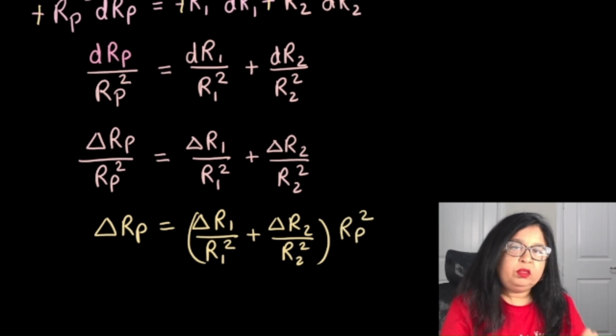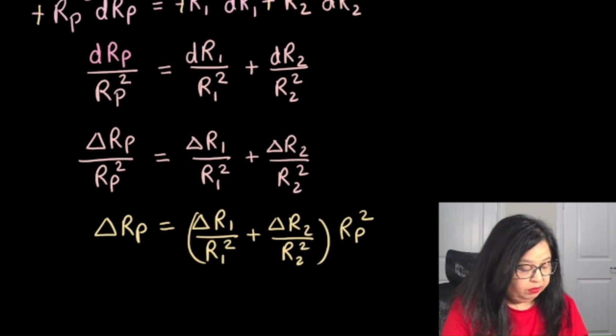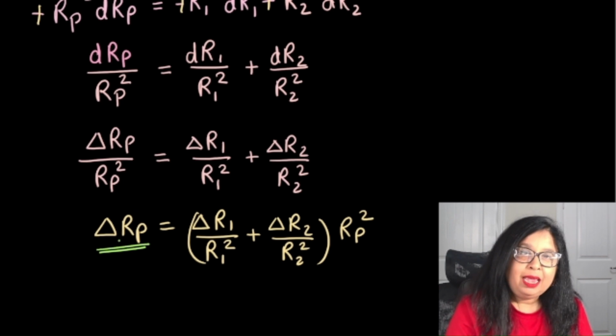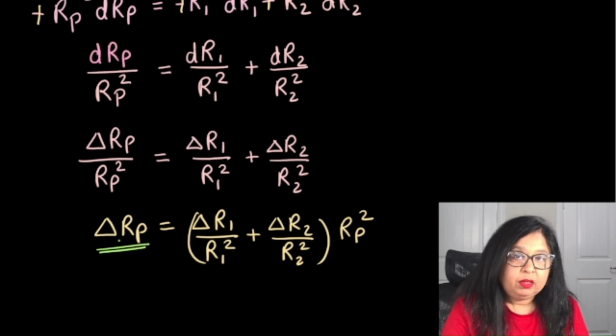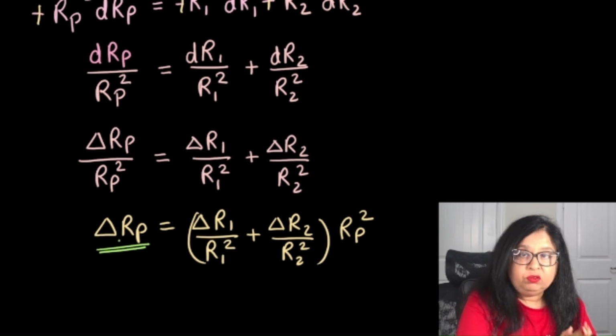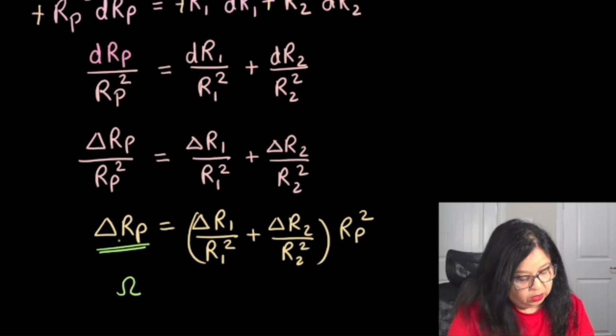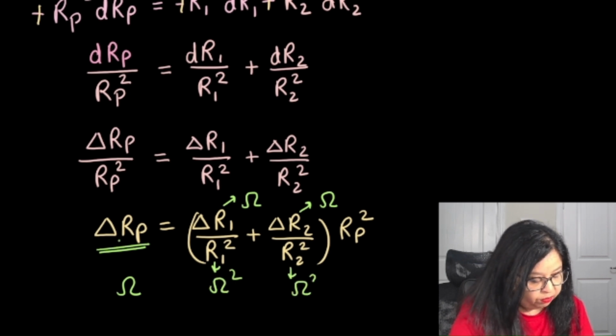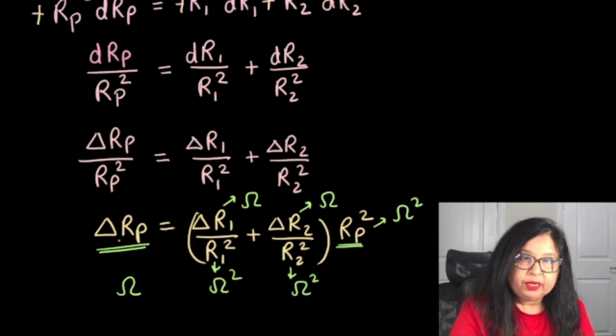Now something worth noticing over here is the units. Delta Rp should have the same units as Rp itself, and Rp should have the same units as the resistance. It is ohms. Delta R1 also has units of ohms. Delta R2 does have units of ohms. And R1 squared has units of ohm squared. R2 squared has units of ohm squared. Rp squared has units of ohm squared.